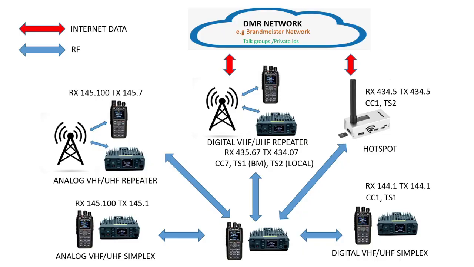So going back to our screen, we have defined this communication: from radio going through the hotspot into the Brandmeister network and into a particular talk group. So you can define any number of talk groups using this method. Just create a digital talk group contact for each talk group, and then select that particular contact in the channel.